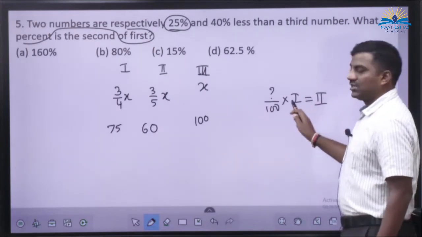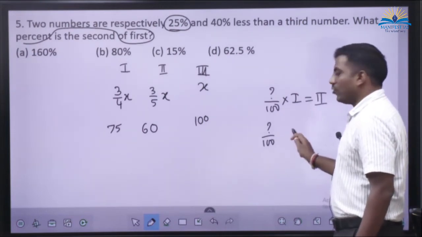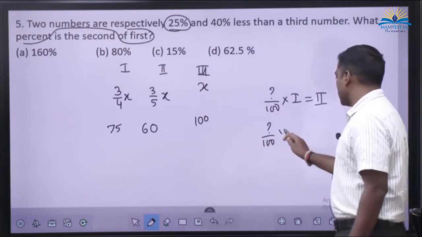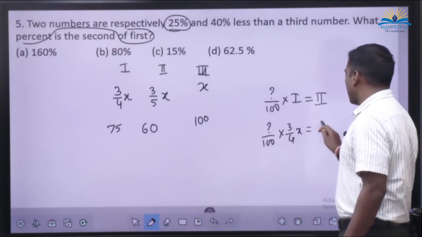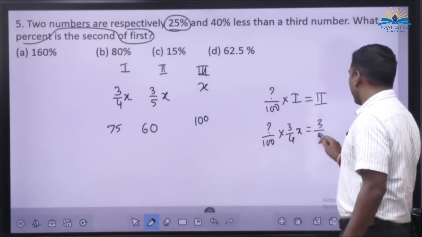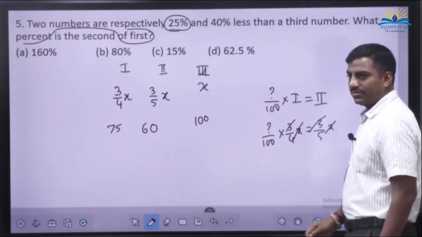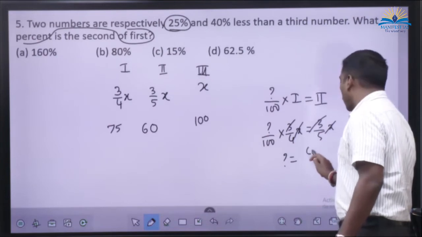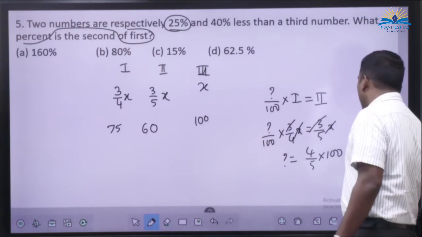Okay. So what is the first number? 3 by 4x, or if you want to put 75, I don't have a problem. Second number is 3 by 5x. x gets cancelled, 3 gets cancelled. This question mark is equal to 4 by 5 into 100. That is equal to 80.